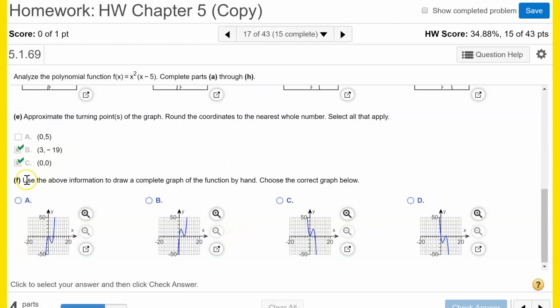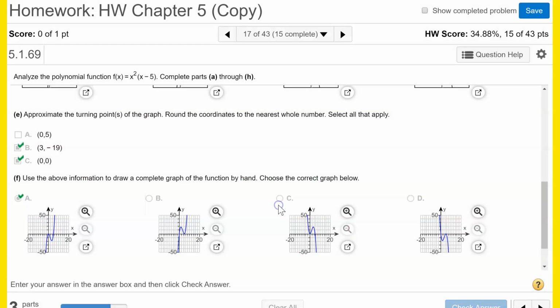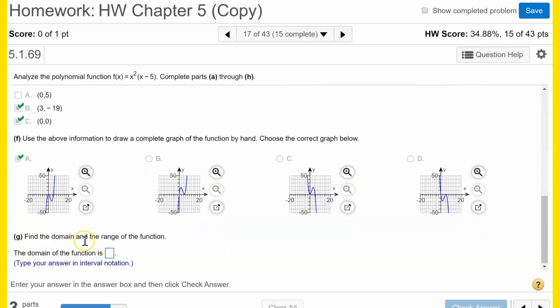Use the above information to draw a complete graph of the function by hand. This is kind of redundant because this looks so much like what we've already done. It's just going to be choice A. Find the domain and range of the function.